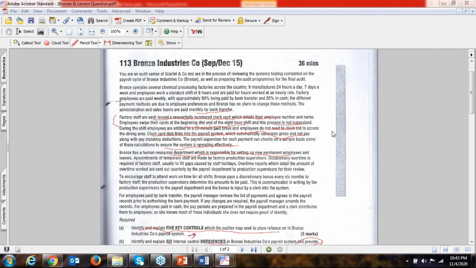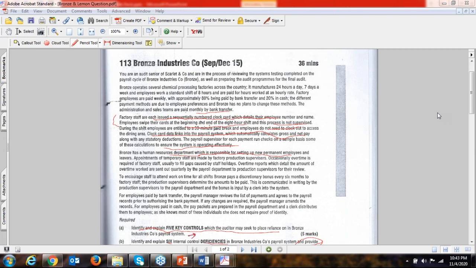If an employee is eligible for a 30-minute break and he spends 1 hour on break, he is getting excess salary of 30 minutes. So this is a deficiency. You people understand how to write the answer, why it is a deficiency and what's the impact. Now, what would be the recommendation?